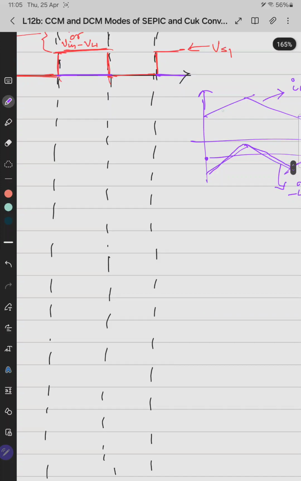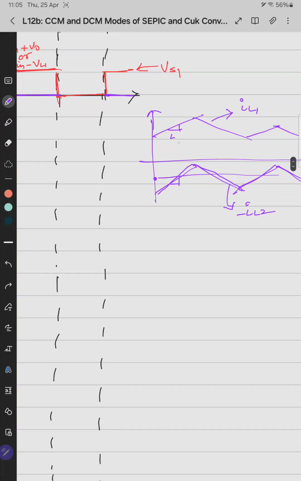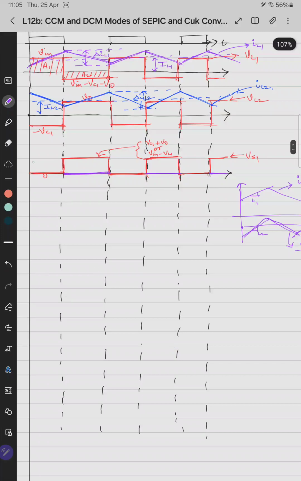This has one slope and this has one slope. Assuming that the slope is a function of the inductor, here it is L1 and here it is L2, so it gives some other slope. Let's assume that the slope is adding up like this. So this is the waveform of IS1.